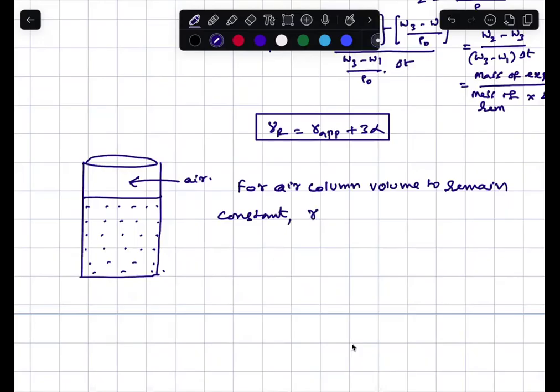Gamma real is gamma real. Gamma apparent will be 0 in this case. So, with respect to the container, the liquid will always occupy the same mark.